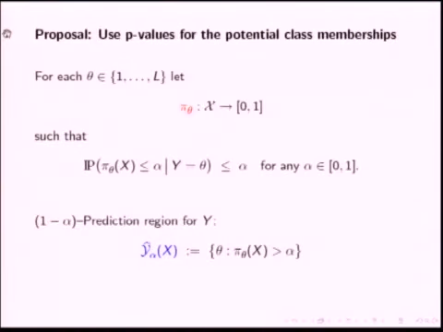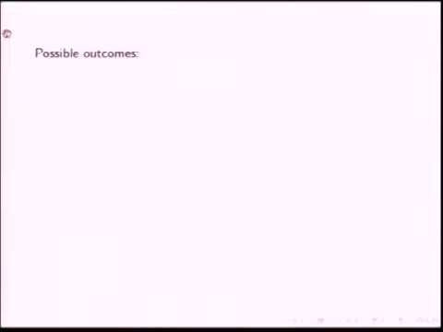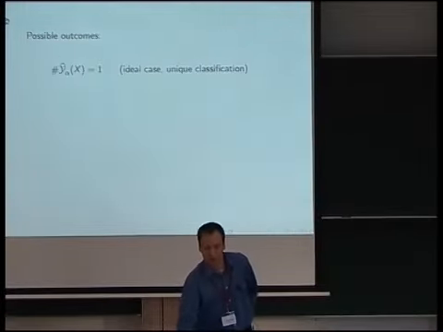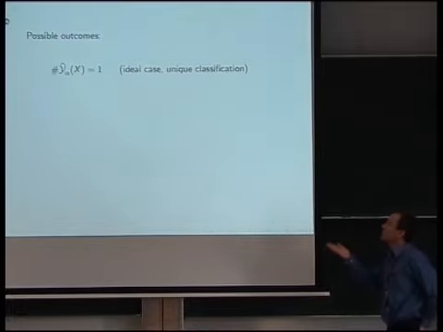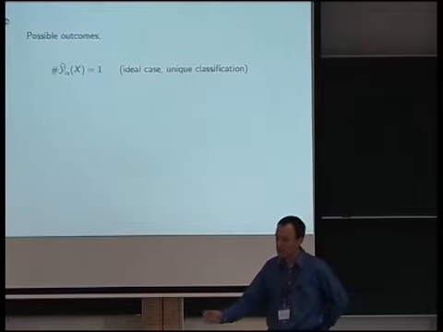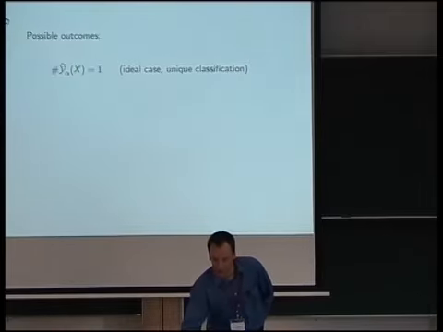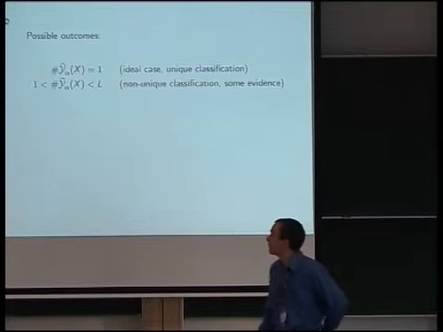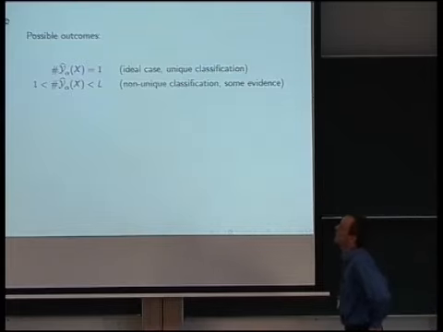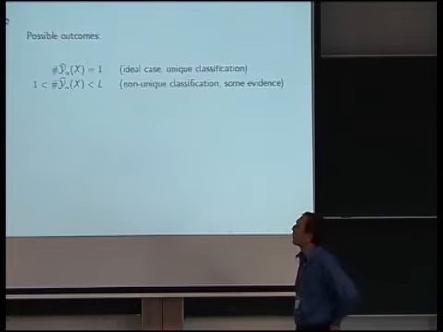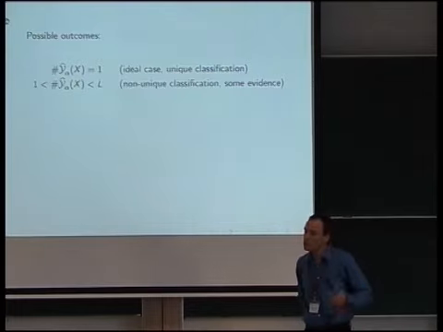Okay, and now there are of course several possible outcomes. The ideal case is that this prediction region contains just 1 class, so you have a unique classification with a certain confidence. That's nice. It may happen that your prediction region contains 2 or more classes, but not all, and that means you have a non-unique classification.